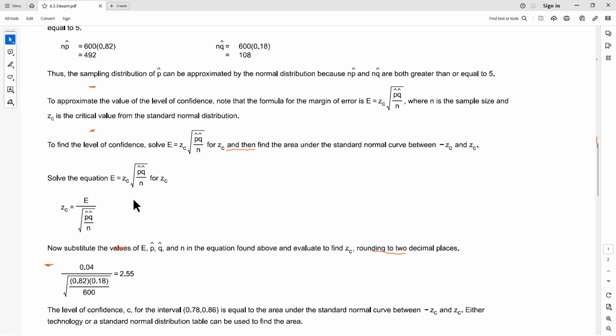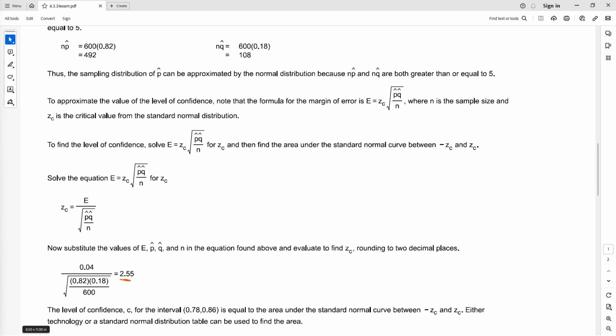So they solved it for z here. Now they can plug in, because we have our p hat and our q hat, the margin of error, and n. So we plug in here to find the z-score. And there's our z-score right there.